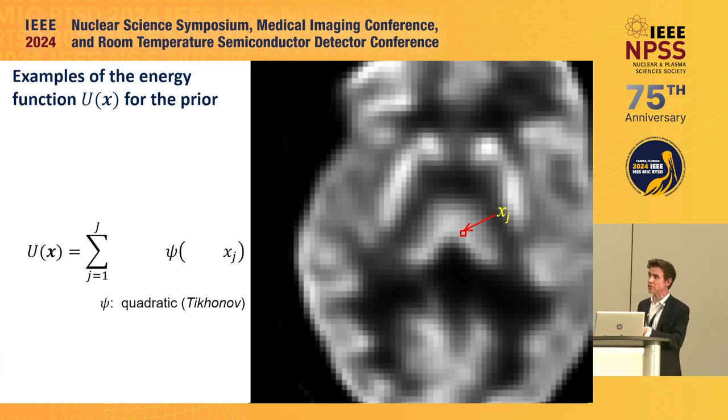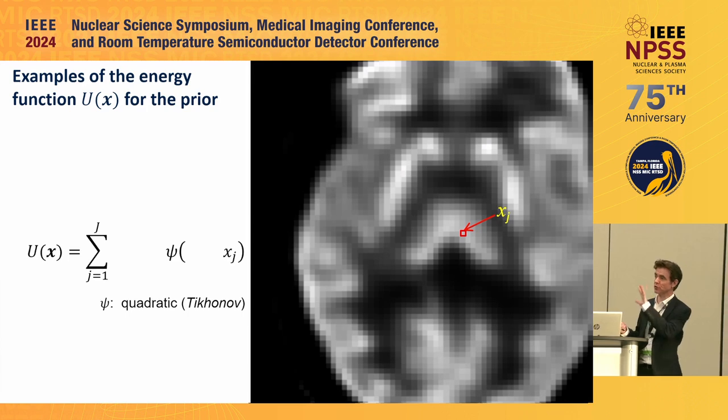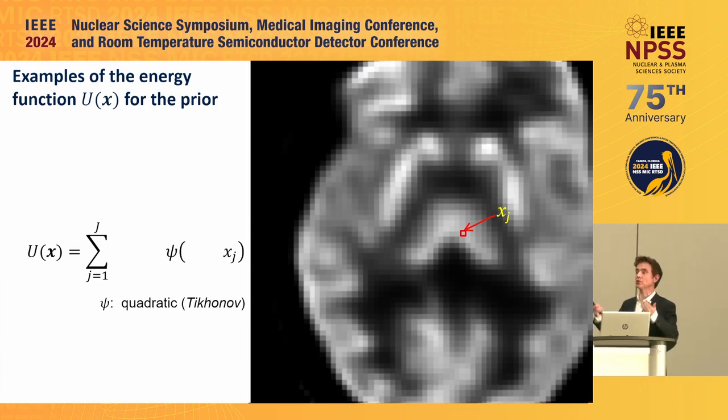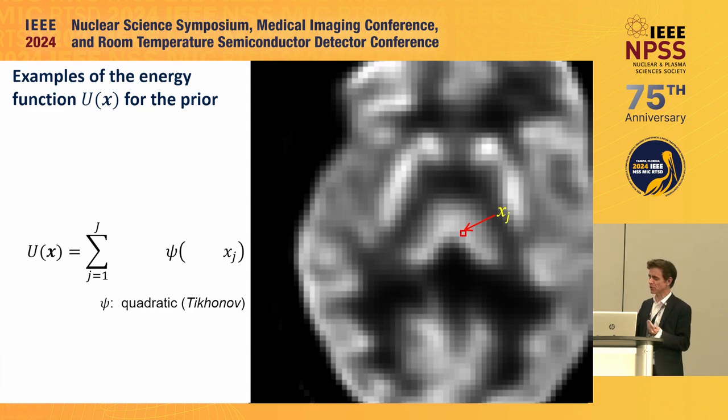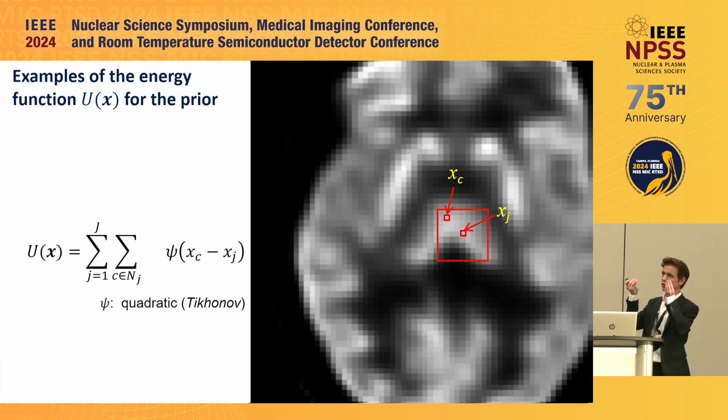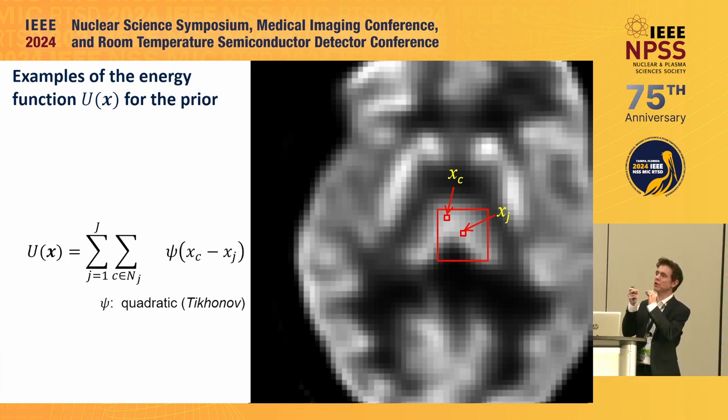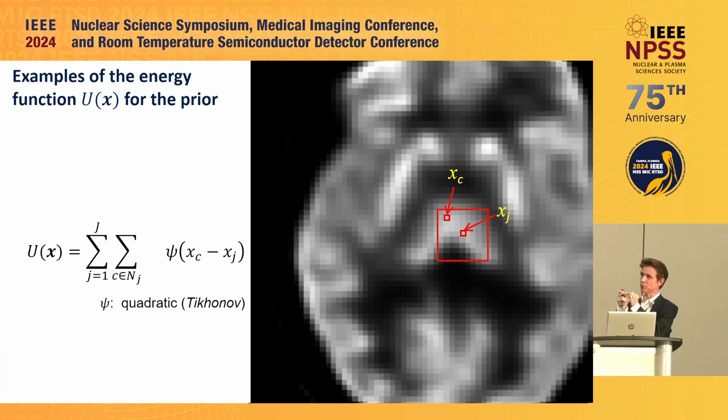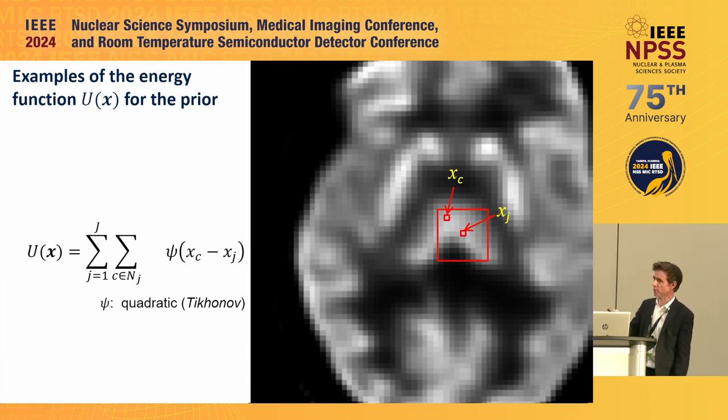You could just naively take the square of all the pixel values, sum it all up, and say if that's large, that's a high energy, and so that's an improbable image. Not very elegant. It's actually better to look at the differences between values and say, okay, we can accommodate large values, but we can't accommodate large differences. So large differences between pixel values would give a high energy. Okay, so that would be like a typical quadratic prior.